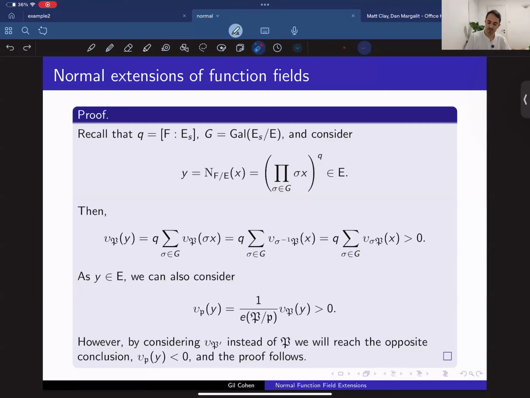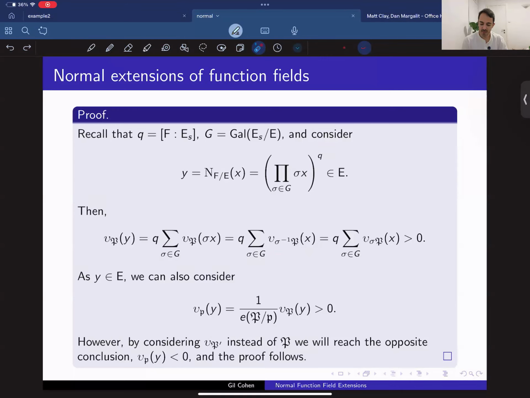So this is Q times the sum over all sigma in G of the valuation applied to that individual term. And of course, this whole thing happens in Z, right? You see a Q, you may think the characteristic makes it vanish, but this is a calculation in the image of the valuation.